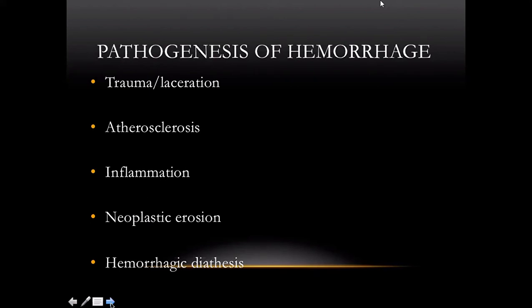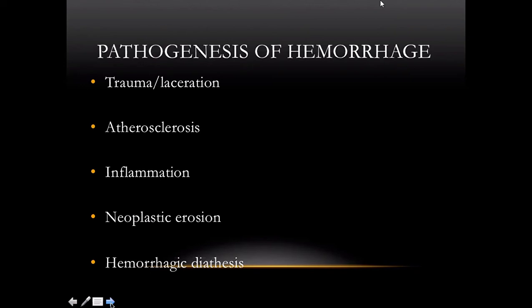So when the atherosclerotic plaques grow, of course it can cause obstruction of the blood vessels, then later on it will rupture. So hemorrhage. Inflammation, no? If the inflammation is severe and affects your blood vessels, it can cause rupture of your blood vessels, then there will be hemorrhage.